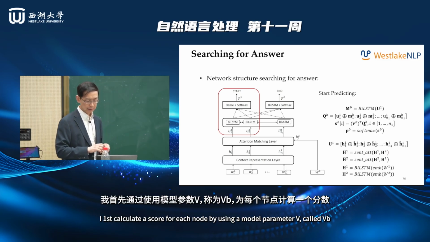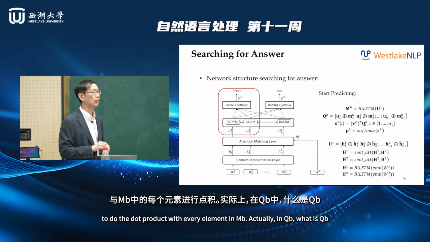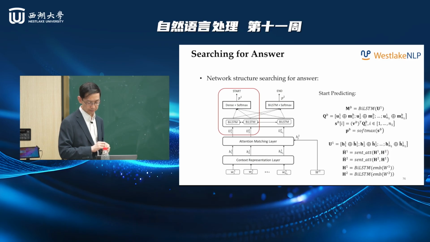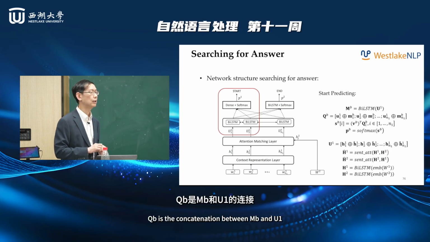I first calculate a score for each node by using a model parameter, called vb, to do the dot product with every element in QB. What is QB?